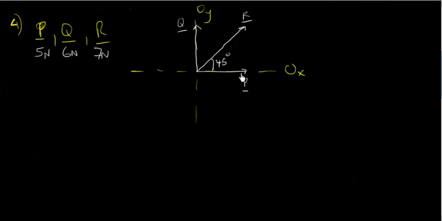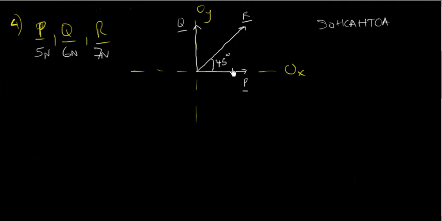Let's find out how much of R is in this direction. Since it's the adjacent, you should know from SOHCAHTOA that whenever you're dealing with the adjacent and the hypotenuse, like we are now, where the long one here is 7 and we want to know how much of that 7 is along the adjacent, we want to use cos.